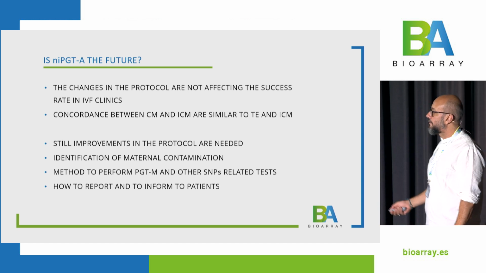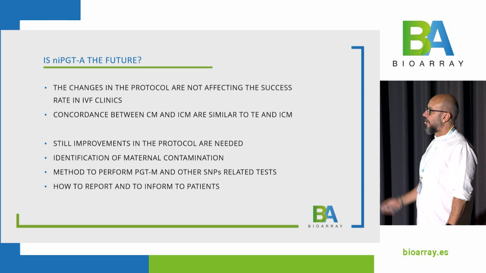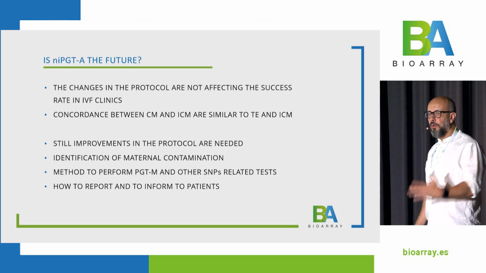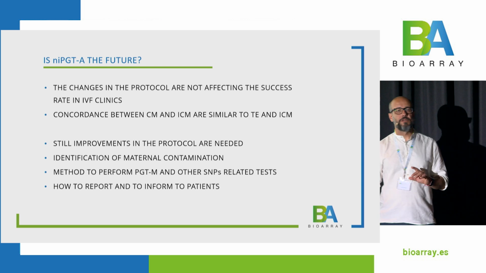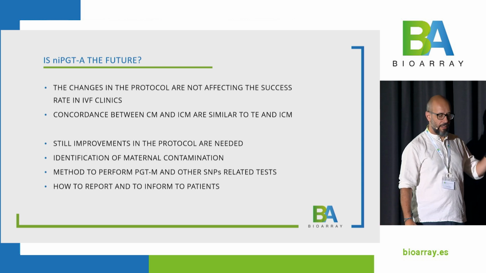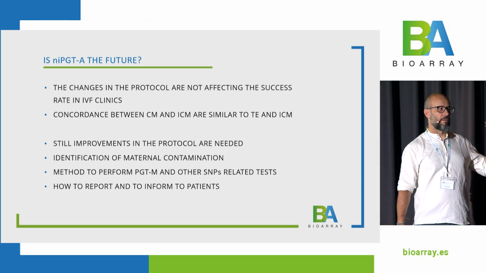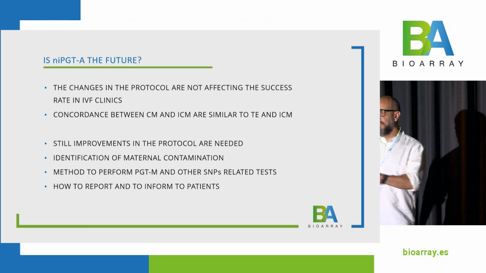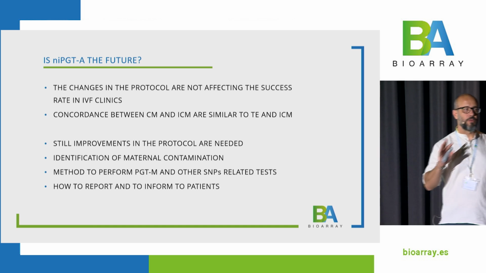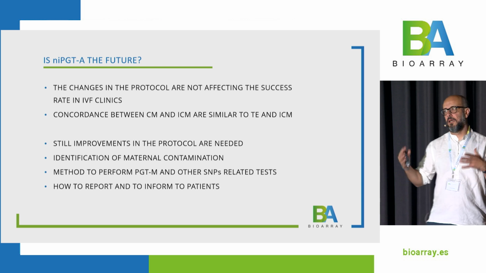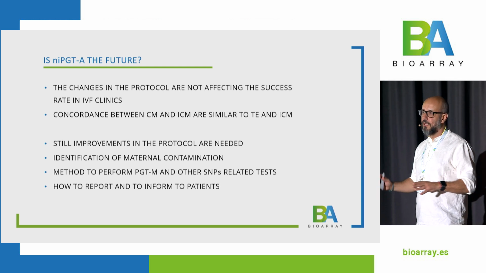And also, one very important thing is that we need to clarify how to report the results of non-invasive testing to the patients. This is quite important because what most of the IVF centers and genetic labs are doing, including ourselves, is using non-invasive as a prioritization system.